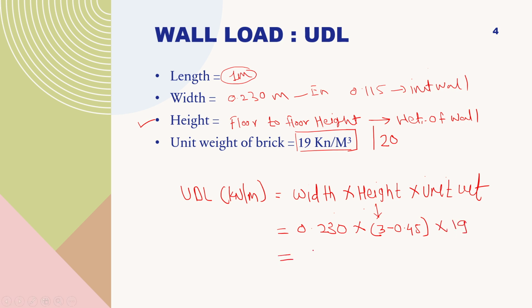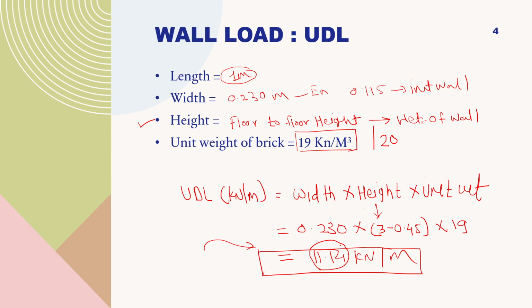So 0.23 multiplied by (3 minus 0.45) multiplied by 19 is 11.14 kilonewton per meter. You can use this value for your manual calculation, or if you are using STAAD Pro or ETABS software, you select the beam and apply this value.